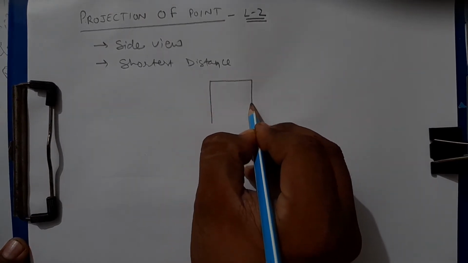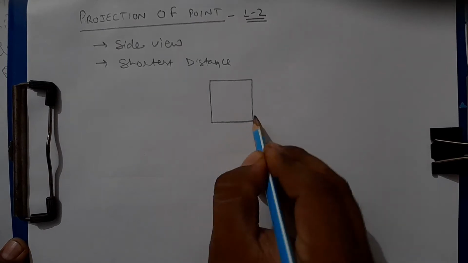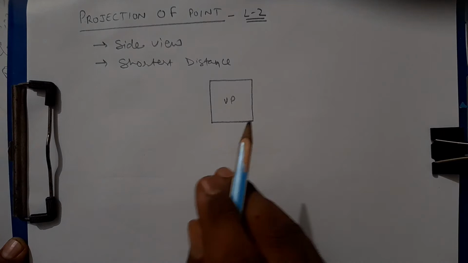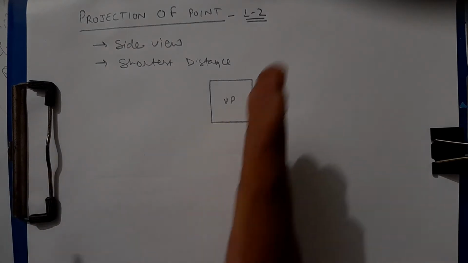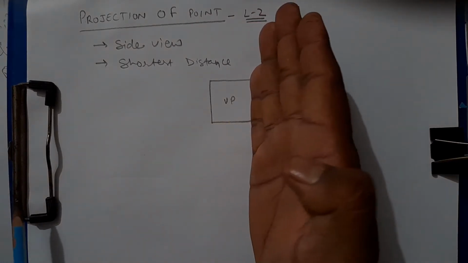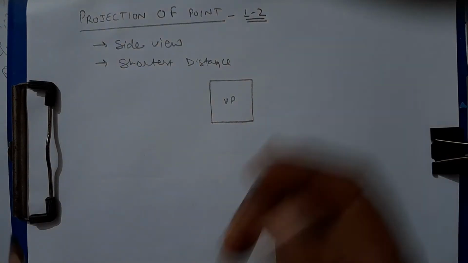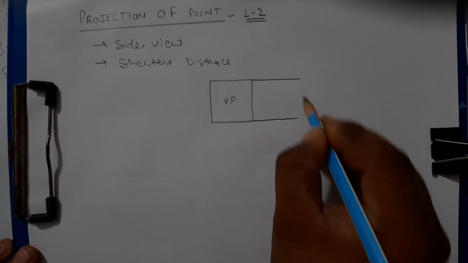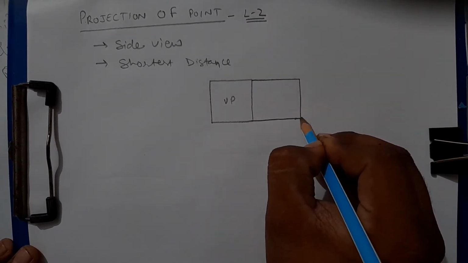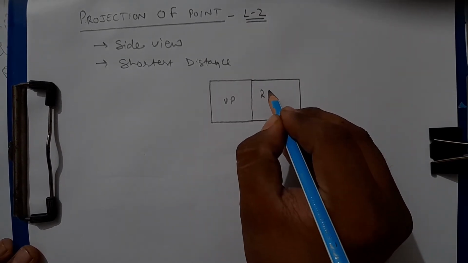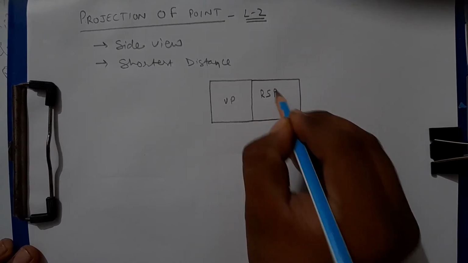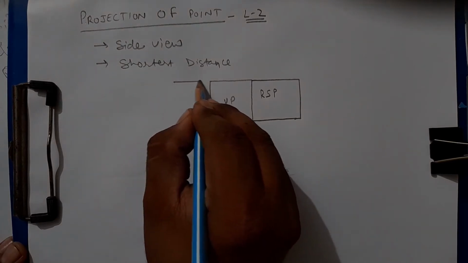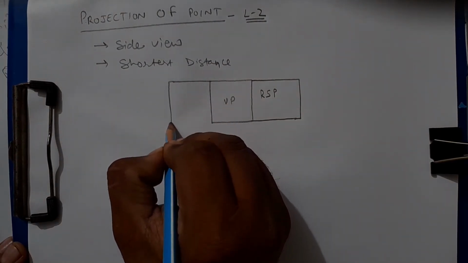Suppose this is your vertical plane, on which you will be getting the front view. From this right hand side we are moving like this, clockwise 90 degrees. This is the profile plane or side plane, and we will be visualizing on this side.